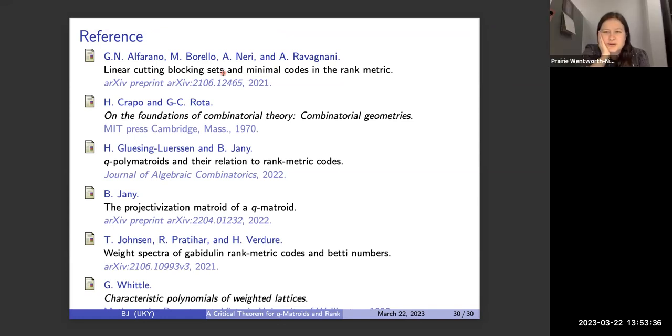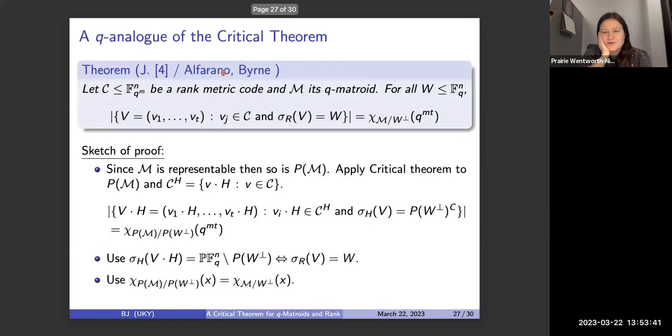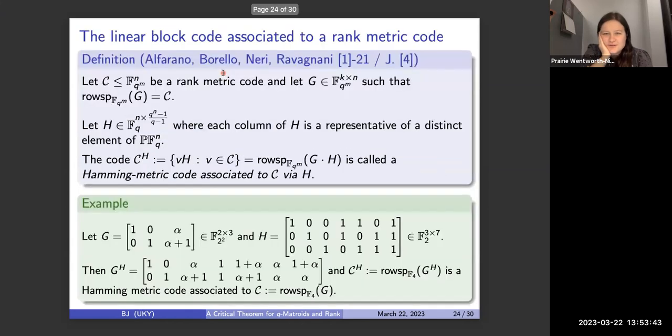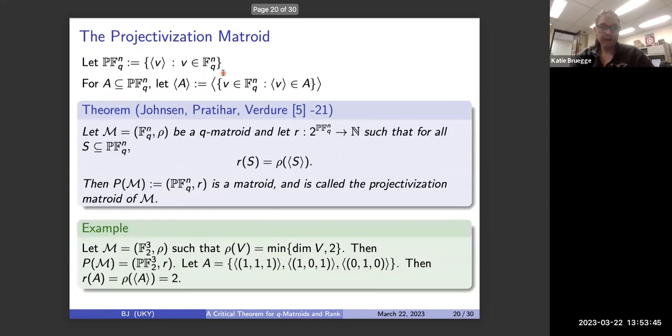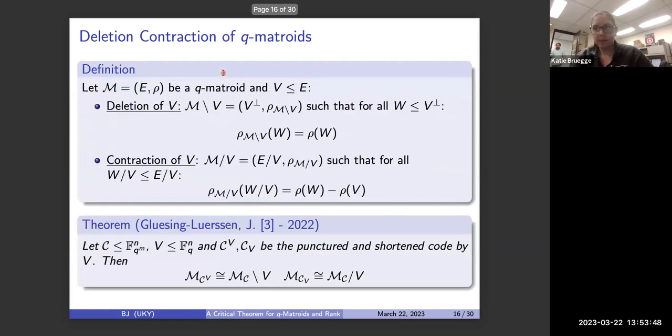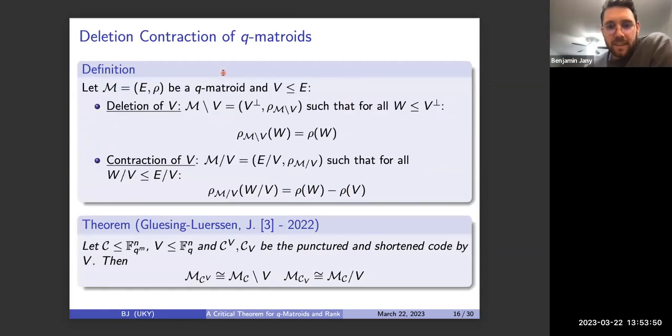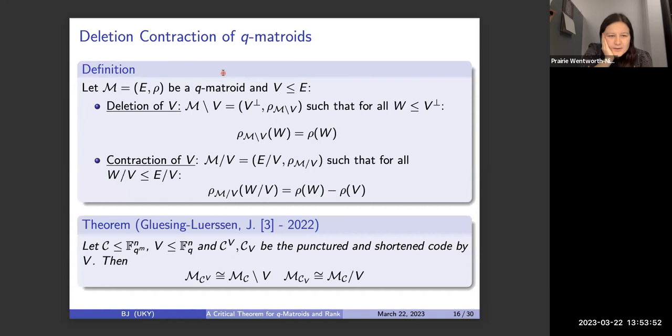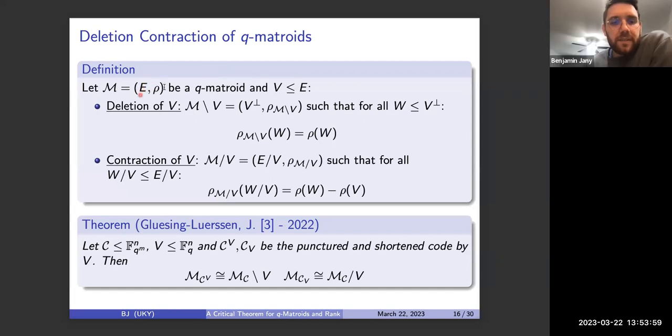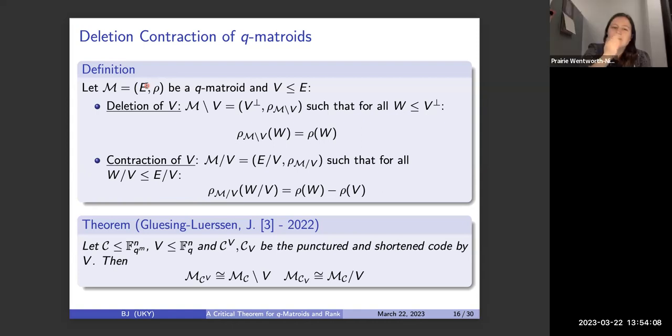I have a question. Can you go back to when you were talking about deletion and contraction for the q-analogue of matroids? Yes. Okay, what is E here? Like, what is your ground set? It's just an abstract finite-dimensional vector space over F_q.